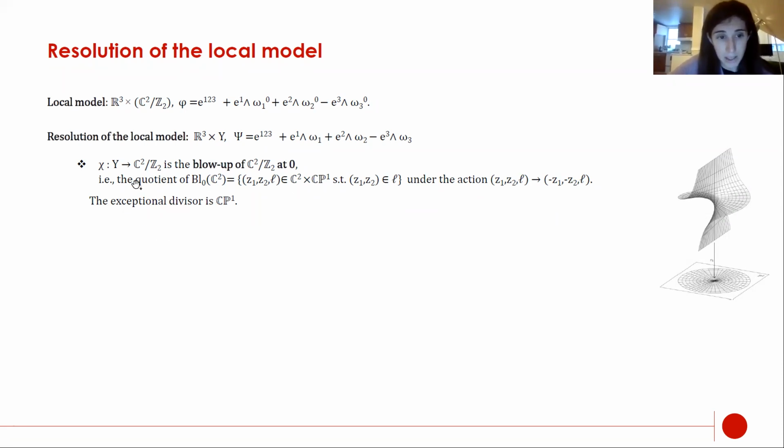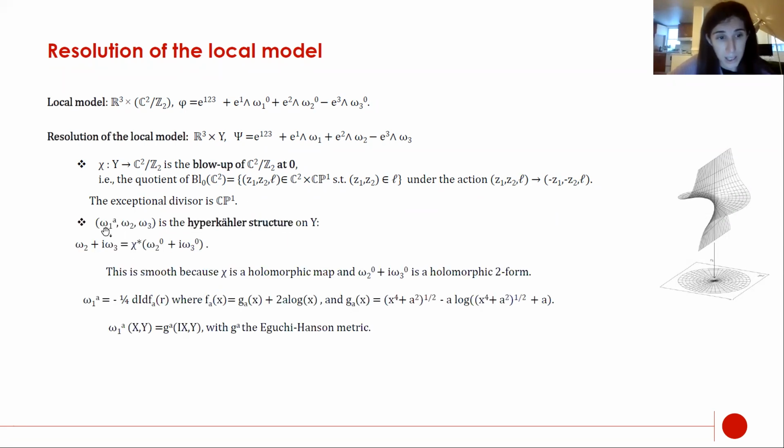The exceptional divisor of this resolution is CP1. It is also well known that this has an SU2 structure in which all the forms are closed, that is, a hyperkähler structure. The forms omega 2 and omega 3 are the pullback of the ones in the base, and the symplectic form comes from the Eguchi-Hanson metric, but I am not going to go into the details of that.